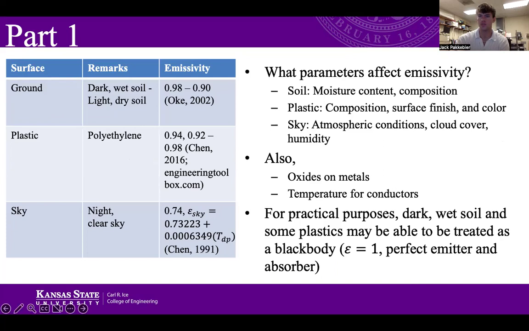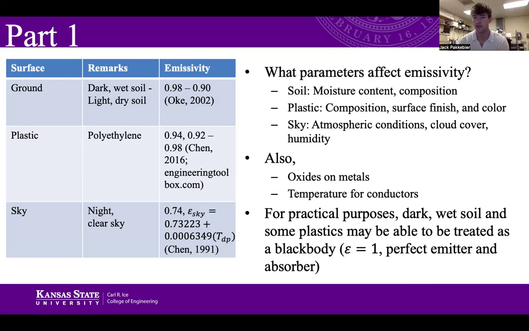So what are some more things that affect the emissivity? As we looked at, soil depends on the moisture content and the composition. The plastics can depend on their composition, the surface finish, and even the color. When looking up some of these values, I found that different colored plastics would have different emissivities. If it's white or black, it would have different emissivity because of that.